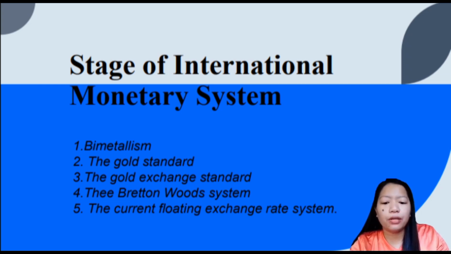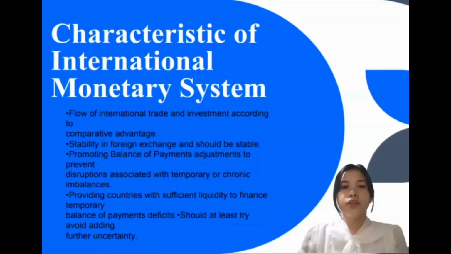But overall, exchange rates are allowed to fluctuate freely. This system provides greater flexibility and autonomy to countries in managing their monetary policies, but also introduces volatility and uncertainty into the international monetary system.